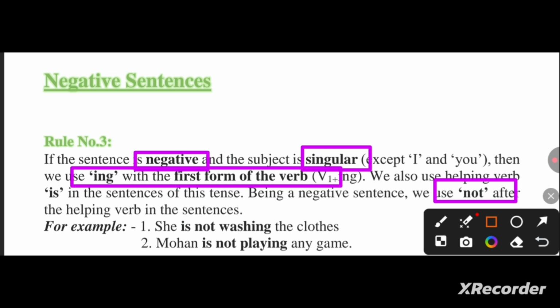For example, she is not washing the clothes. Mohan is not playing any game. We have used ing with the first form of the verb. The helping verb is has been used over here because the subject is singular.